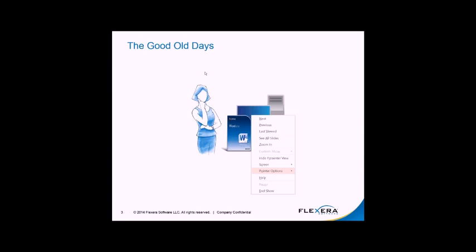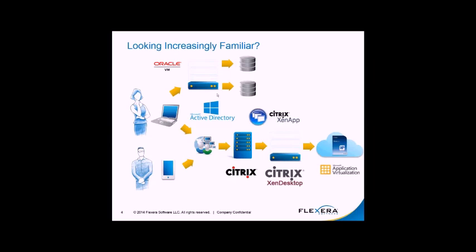The issue we then have, okay, however, in an increasingly virtual world, we now have a situation where users are accessing applications through a complex infrastructure and a very complex architecture, okay?